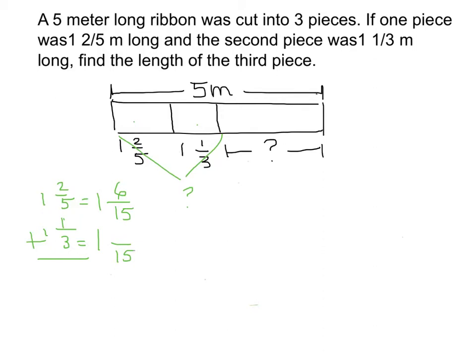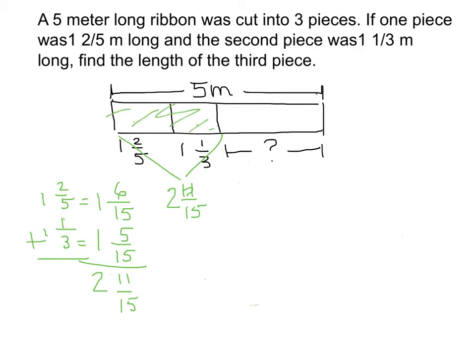And 5 times 3 is 15. And 5 times 1 is 5. So now I add those two together, and I have 2 11/15. So now I know that this part was 2 11/15.